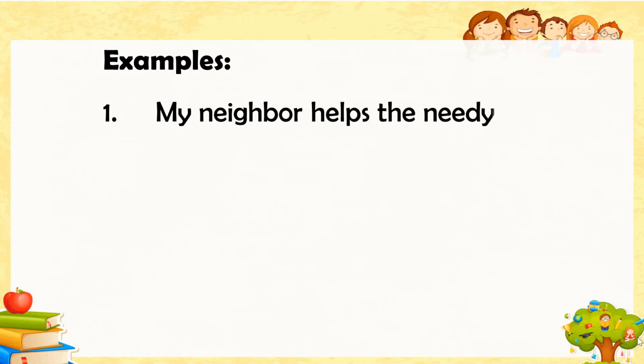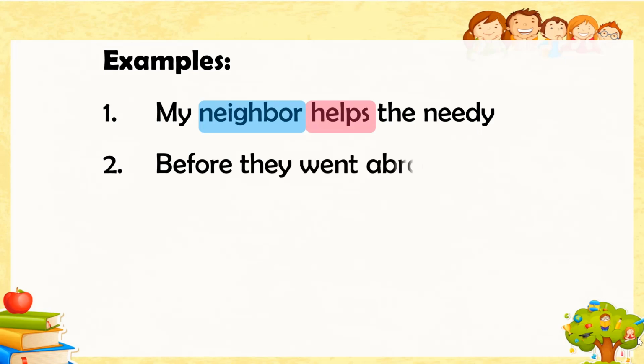Let us again study these examples and find the subject and verb. My neighbor helps the needy. The subject is neighbor and the verb is helps. Before they went abroad, the subject is they and the verb is went.